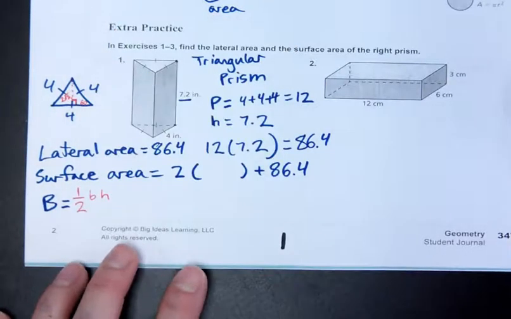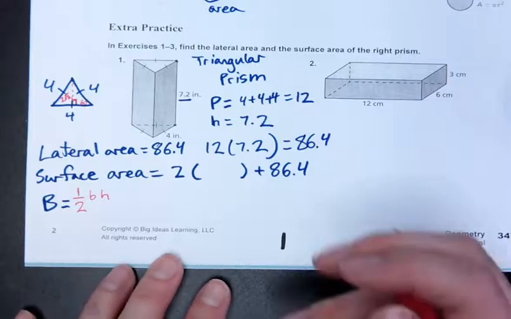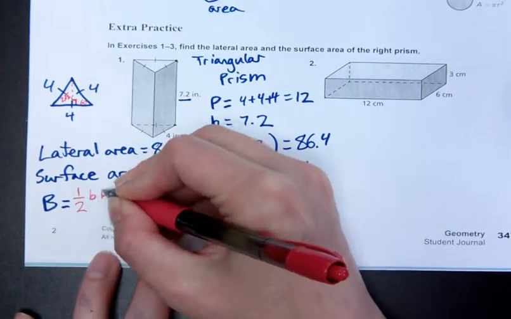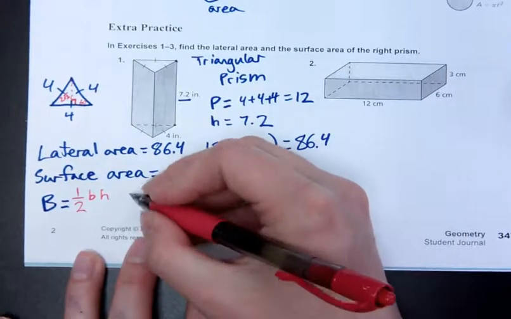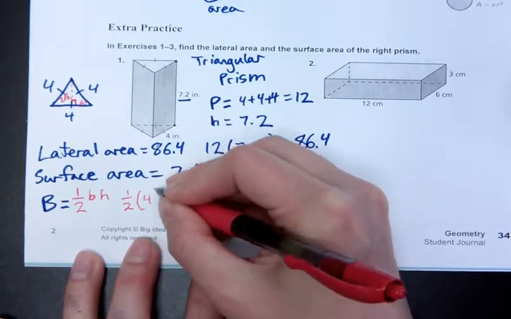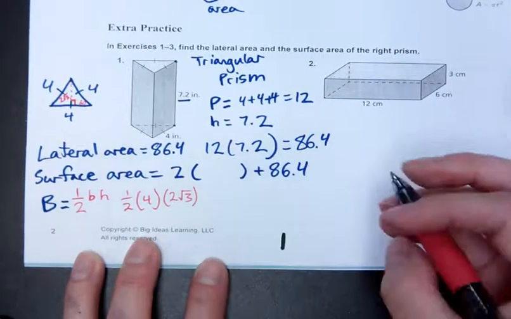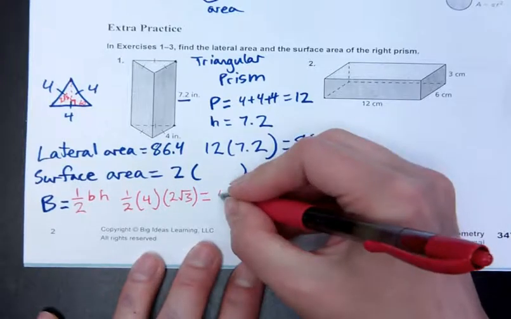Okay, because again, we're going for no decimal answers. Some of your questions might be mixed, I don't remember what Big Ideas asks you for. So then I plug in 1/2 times my base, which is 4, times my height, which is 2√3, which equals what? 4√3.